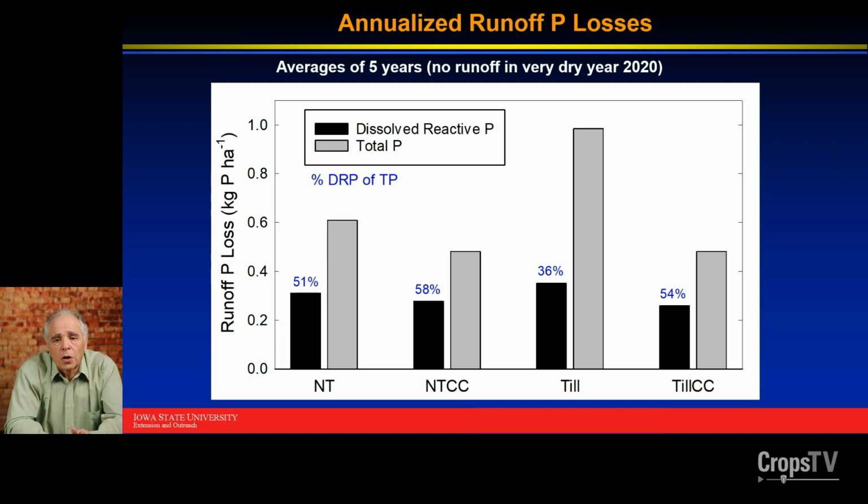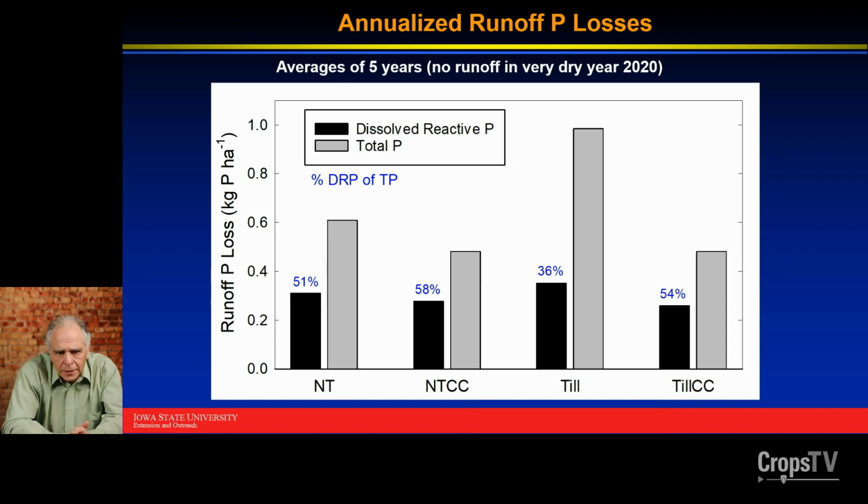The cover crop reduced about half the total P losses. And in contrast to what happened in Kansas, it reduced the dissolved P loss. But the proportion is higher. You see, with tillage, no cover crop, the dissolved P is 36% of the total P, and with tillage with the cover crop it is 54%.